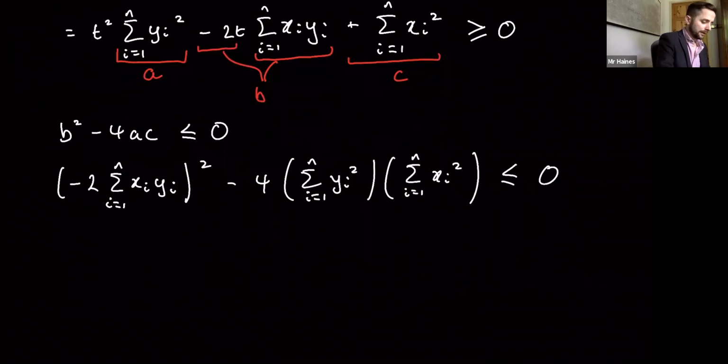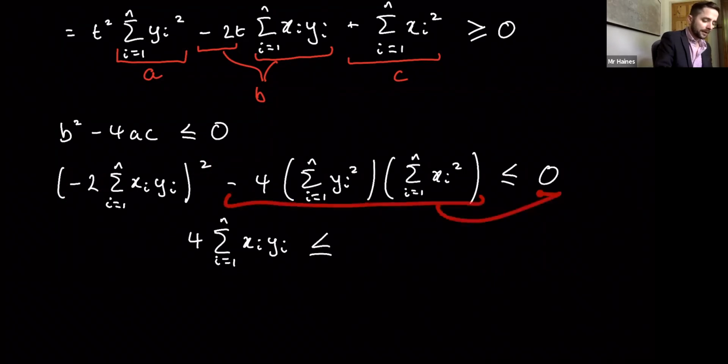Okay, we're close. This 2, that can come in and it can square that sigma, and it can also square this minus 2. So that becomes 4 times the sum of x1 y1 plus x2 y2, and so on, plus xn yn. And this whole term, we can move over to the right-hand side, just plus it to both sides.